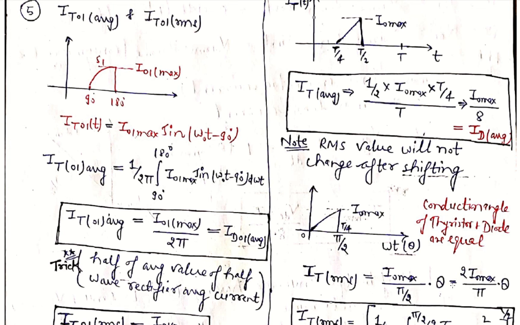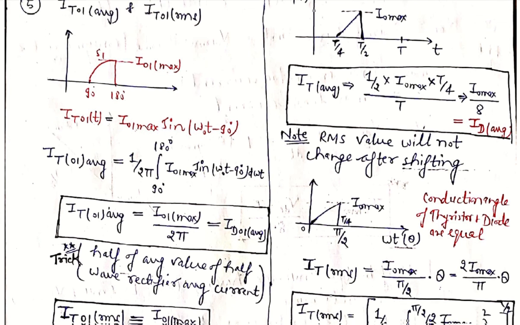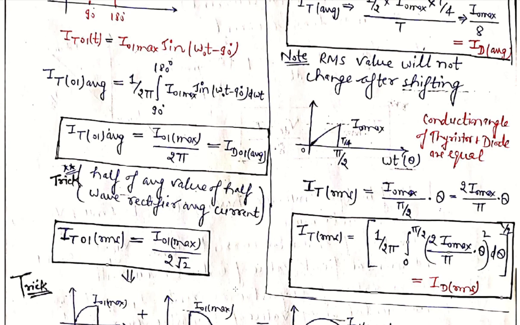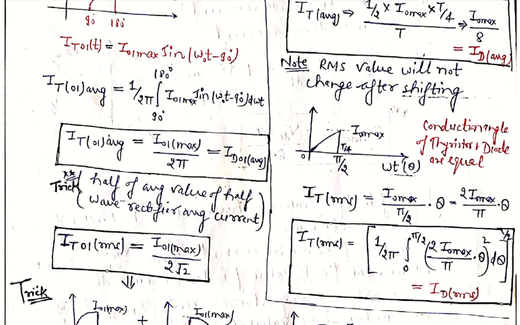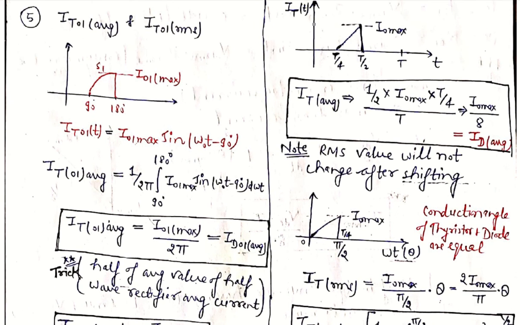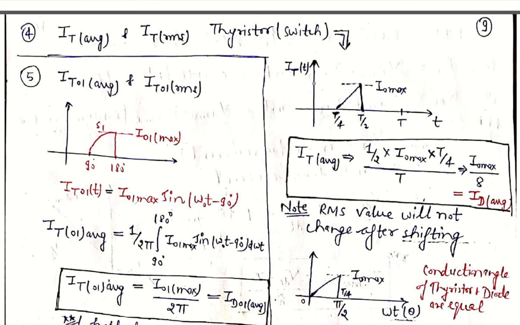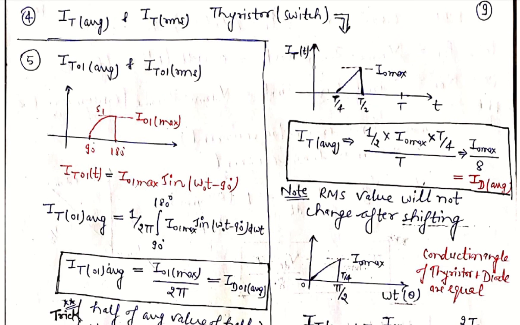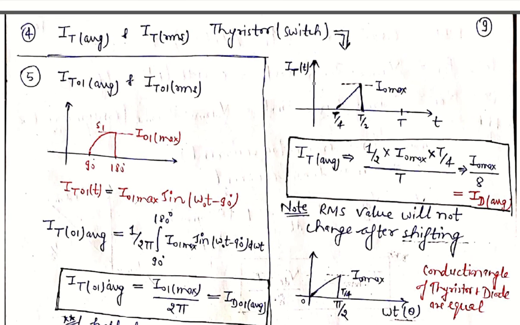Then to find the RMS value of current, we apply 1 upon 2 pi from 0 to pi by 2 of 2 I naught max divided by pi into theta, whole square d theta, whole raised to power 1 by 2. The RMS value for the thyristor as well as the diode case is the same, because of the same conduction of thyristor and diode.